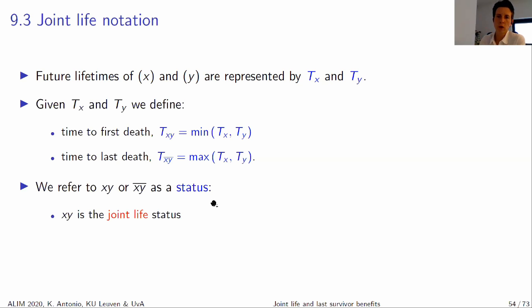So we call this the joint life status. The status is active or applicable as long as both X and Y are alive. Then we've got XY bar. We call that the last survivor status. So that status is active as long as one of the partners is alive, and it stops being active at the moment of the second death.